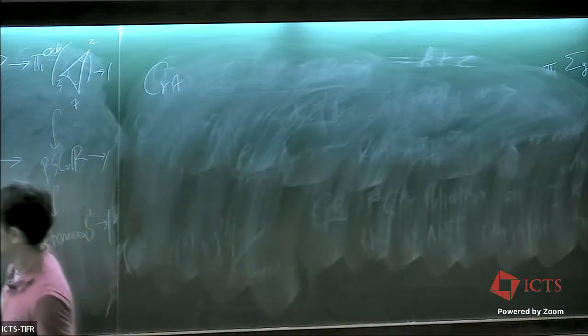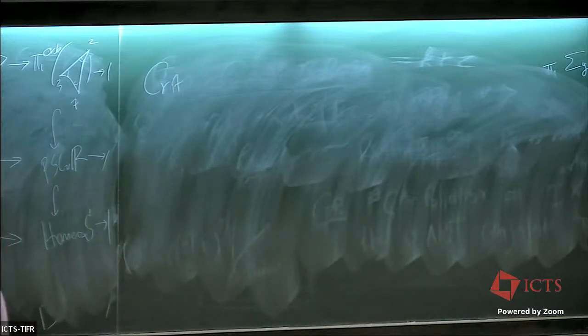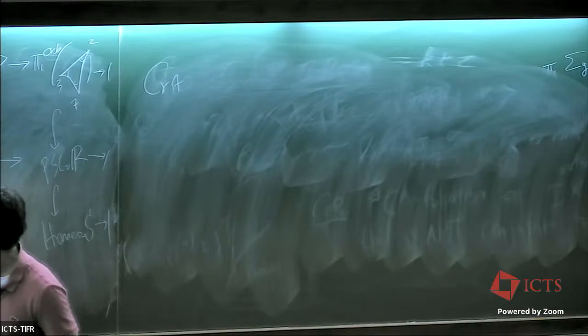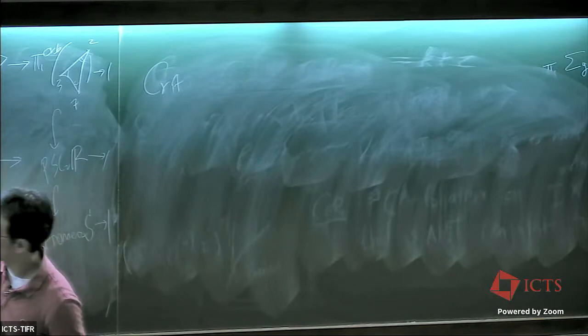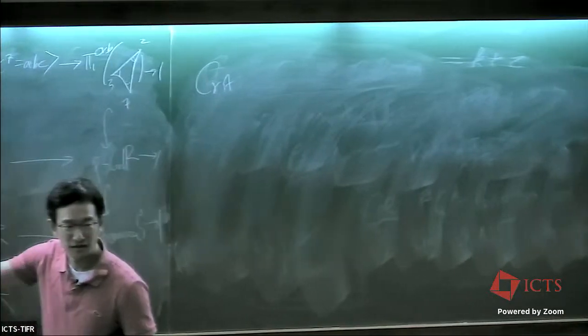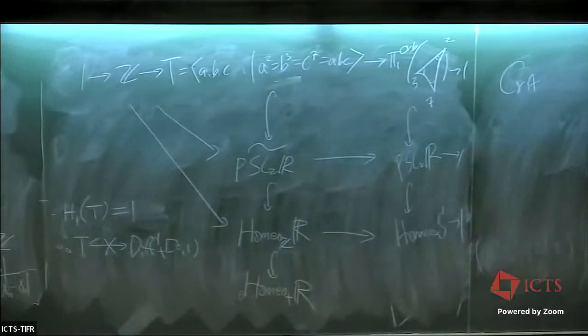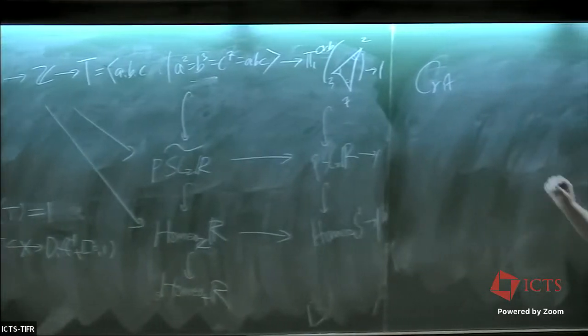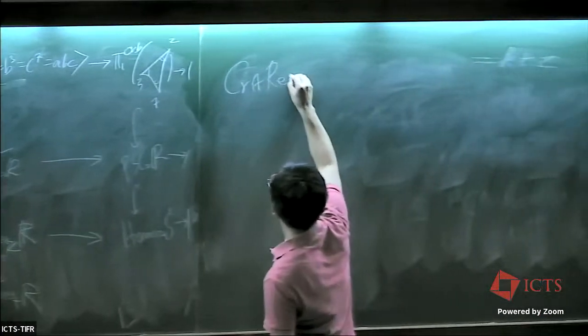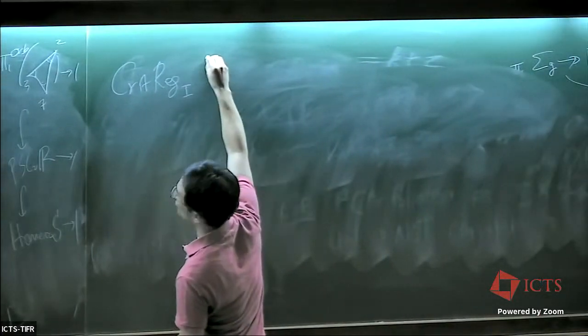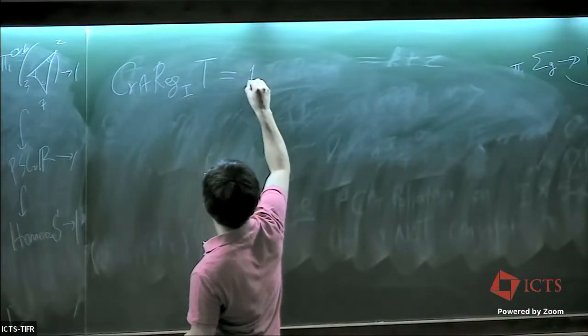Because if it were inside Diff1, and because it's finitely generated, it must surject onto Z. But the abelianization is trivial, so there is no way that it surjects onto infinite abelian groups. So the critical regularity of this group is 1.